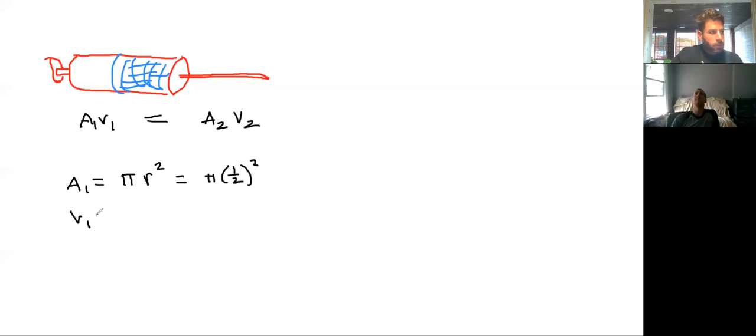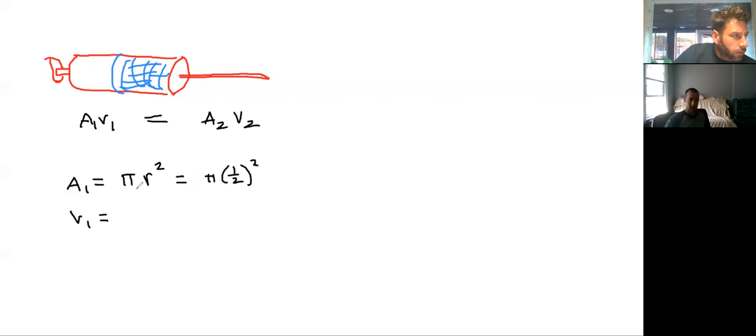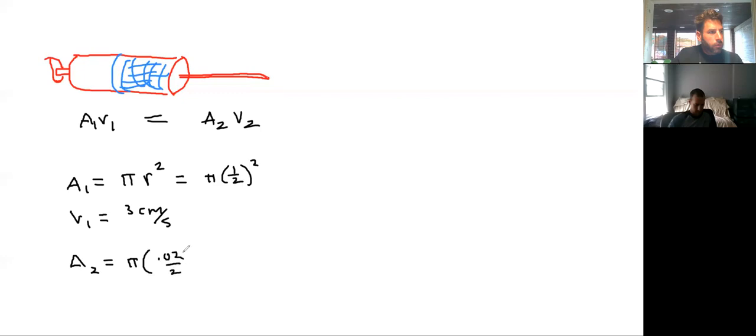We know what V1 is. What's V1? 3 centimeters a second. We know what A2 is: pi times its radius squared. But what's the diameter here? It's 0.2 over 2, so half of that squared.